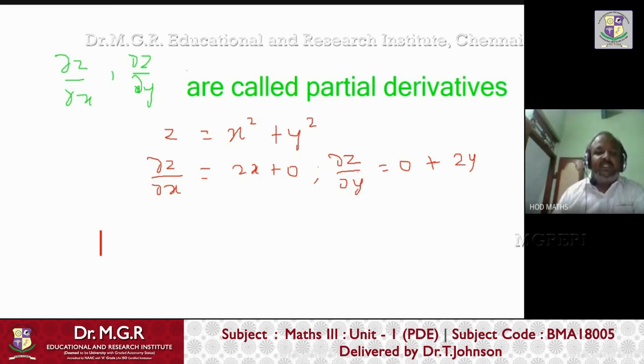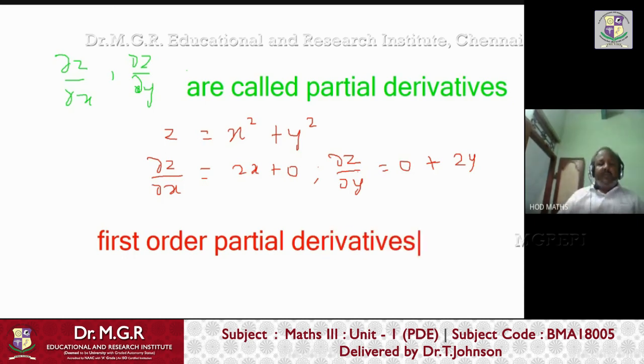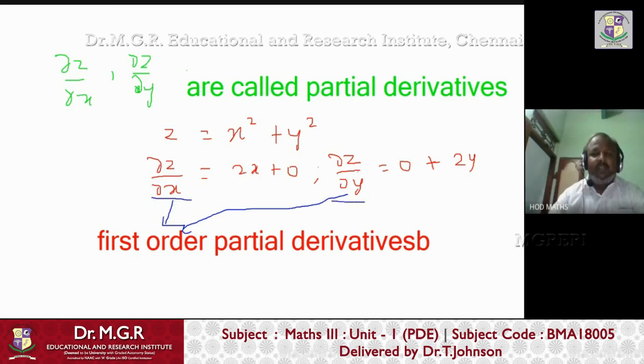If it is dou square z by dou x square or dou square z by dou y square, it becomes second order. Dou z by dou x and dou z by dou y are called first order partial derivatives.